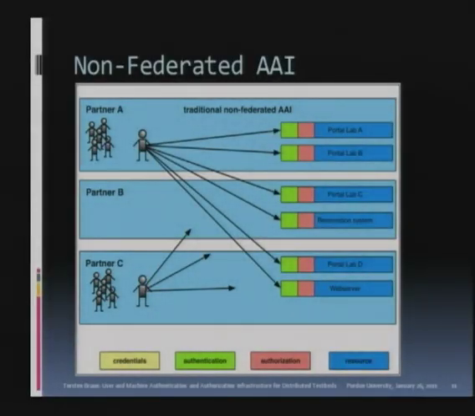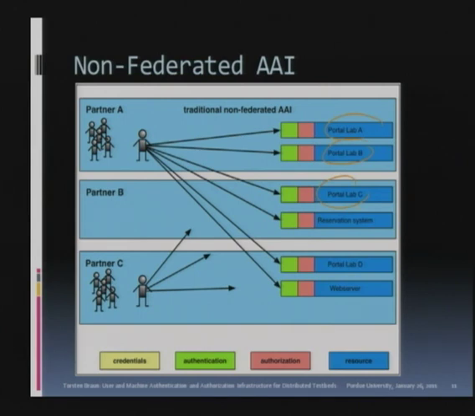So how could we implement an AAI, an Authentication and Authorization Infrastructure? This figure here shows basically a traditional AAI, and we also call it a non-federated AAI. In a traditional environment, we have several services or resources that shall be accessed by some users.